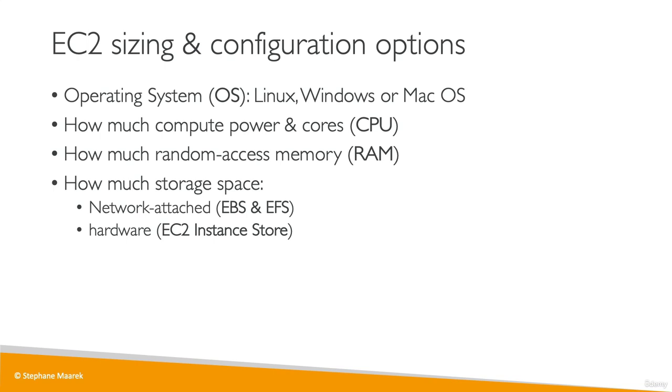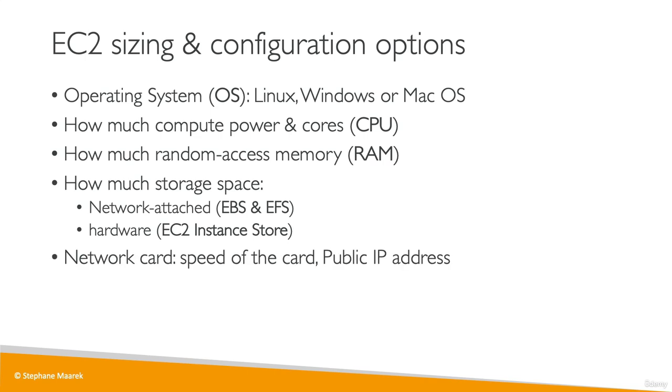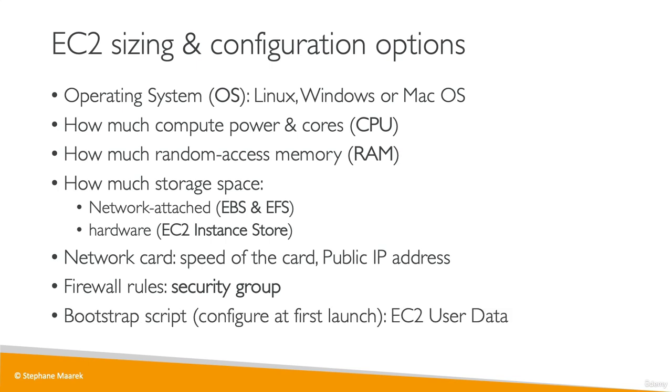And then finally, the type of network you want attached to your EC2 instance. So do you want a network card that's going to be fast? What kind of public IP do you want? And finally, we need to handle the firewall rules of our EC2 instance, and that is the security group. And I lied, finally, there's the bootstrap script to configure the instance at first launch, which is called the EC2 user data.